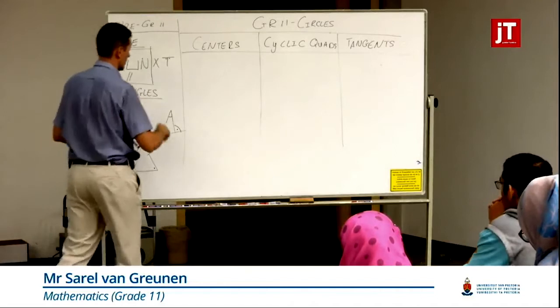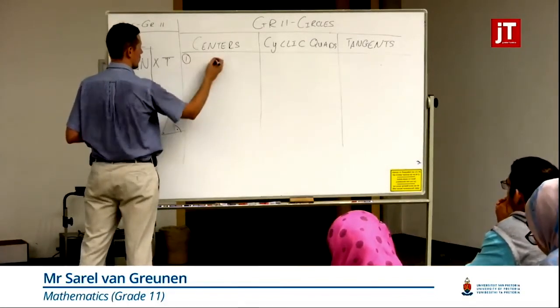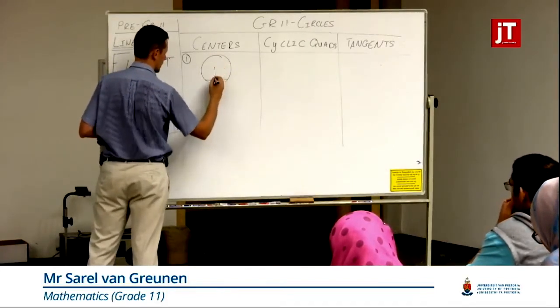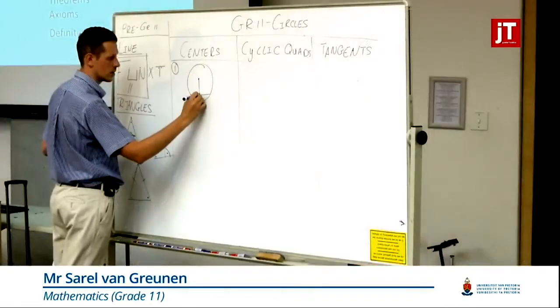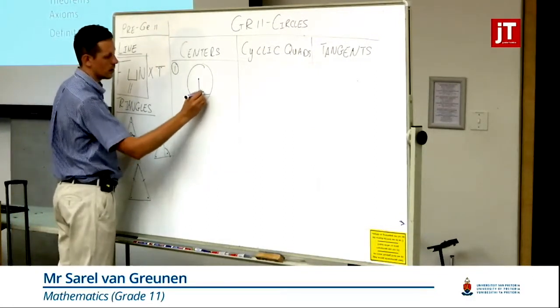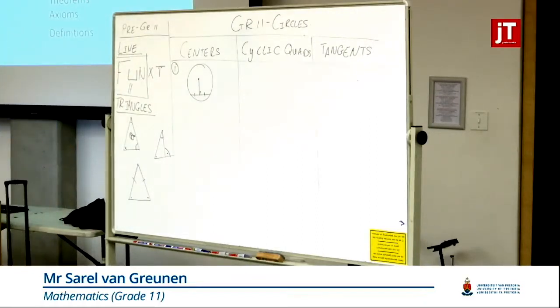That's step 1, definition. Step 2, I look at theorem 1, which says if I have a line from the center, if it's perpendicular to the chord, then it passes through the midpoint. And the converse, if it passes through the midpoint, it is perpendicular.